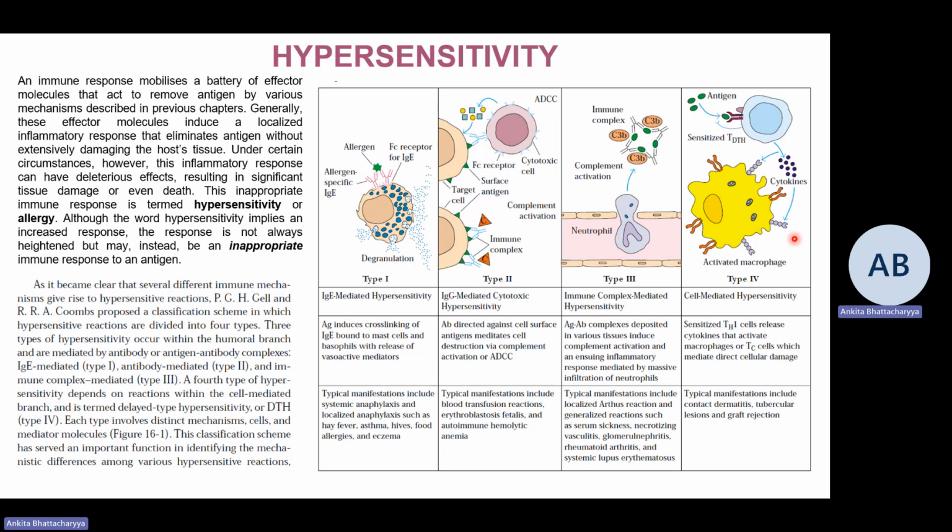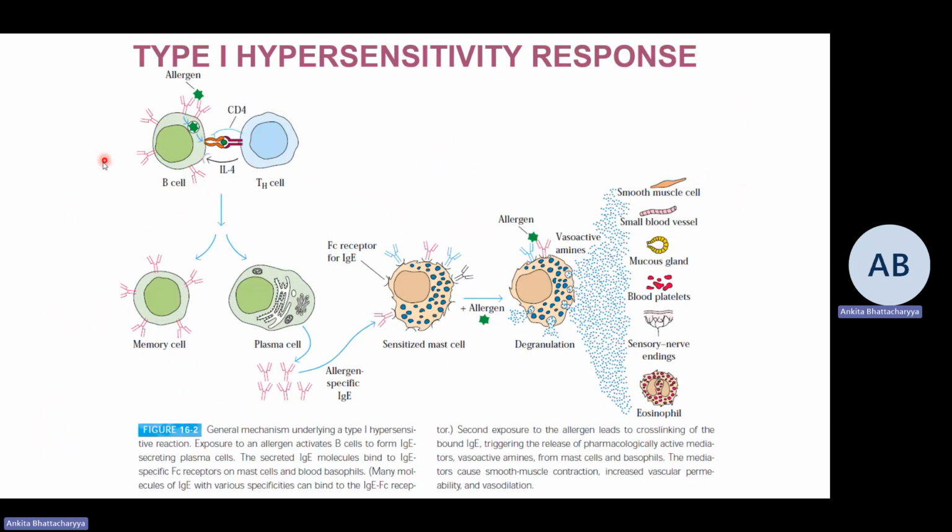Typically, this manifestation is seen for contact dermatitis, the most common example cited in this case. But apart from that, we also have tubercular lesions and also graft rejection. So for transplantation, this is the most commonly studied rejection response for any organ transplant. So we are just going to elucidate the type 1 hypersensitivity response a little bit more.